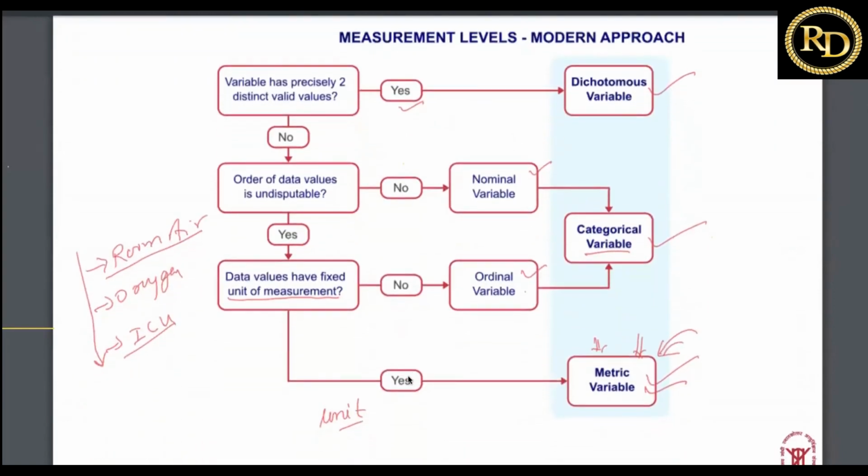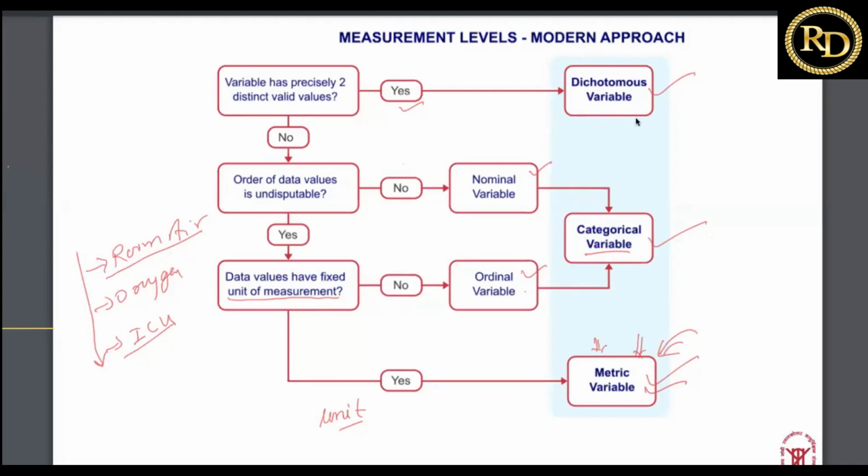Now you can see this particular slide, where we try to decide whether the data is a dichotomous variable, or categorical, or a metric variable. Whenever you see data on a particular characteristic of the patient, either that data will be a dichotomous variable, or categorical, or a metric variable.